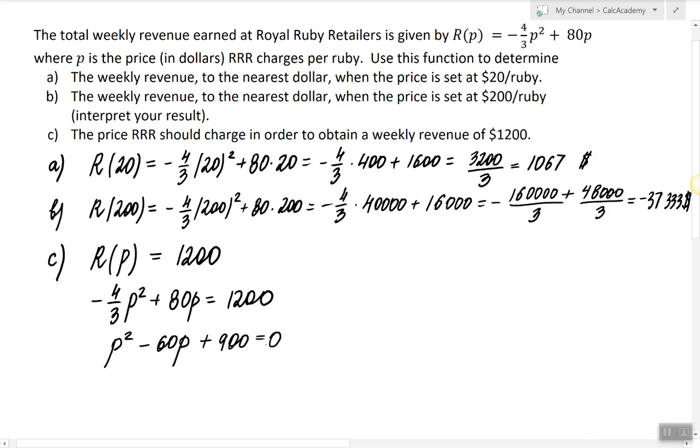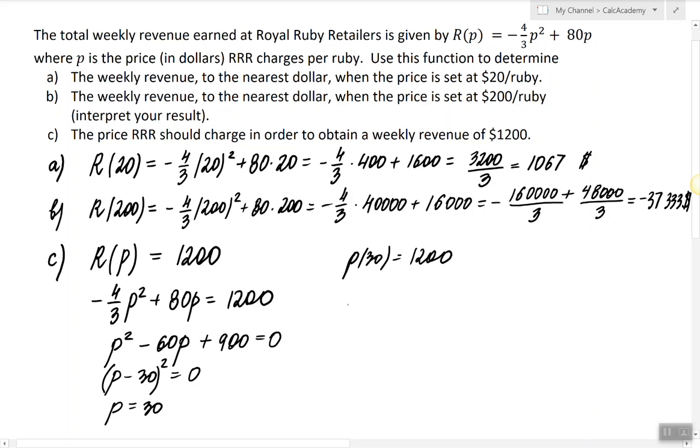And we can solve this equation by noticing that we have a perfect square formula here. So this quadratic equation has only one solution. That means P of 30 is equal to 1200.